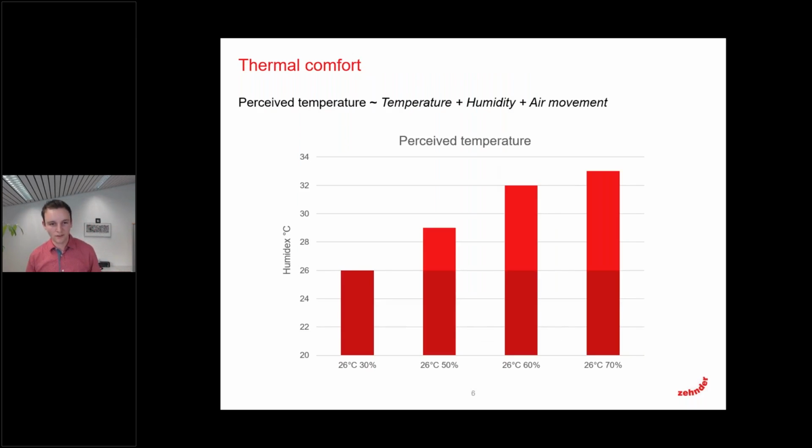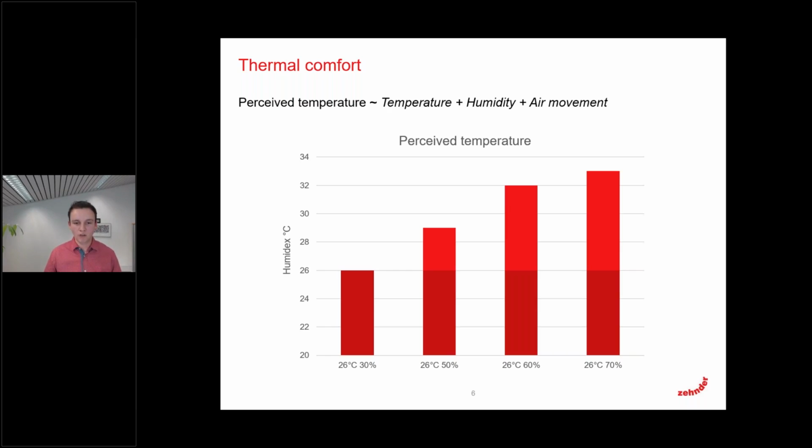So let's move on. Let me talk about thermal comfort. The temperature that we feel, the perceived temperature, depends not only on the temperature itself, but also on humidity and the air movement. So at this point, I want to introduce the humidex factor.